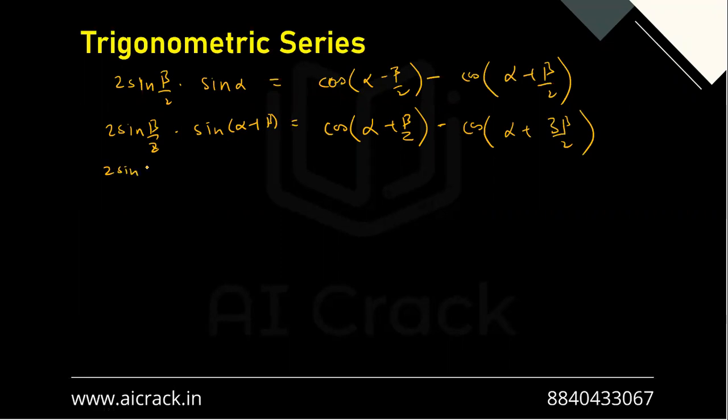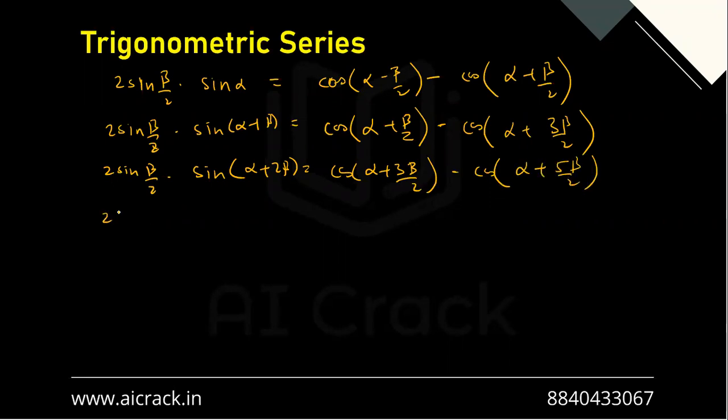Now the other term is sine beta by 2 dot sine of alpha plus 2 beta. So that will give me cos of alpha plus 3 beta by 2 minus cos of alpha plus 5 beta by 2. Now if I am going to multiply it with the last term, that will give me sine of alpha plus n minus 1 beta.